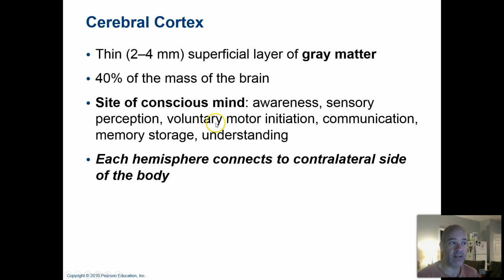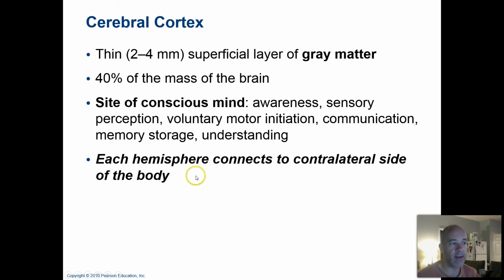In the cerebral cortex, there are areas that make decisions about what skeletal muscles you're going to contract, communication, understanding written language and sounds and so forth. All of these things happen in your cerebral cortex. And as we'll see, different regions of the cerebral cortex have different functions.